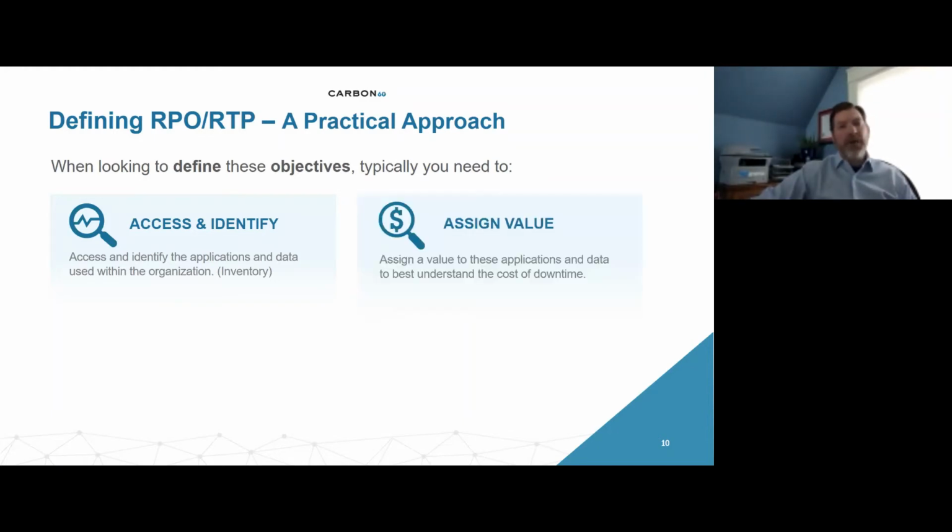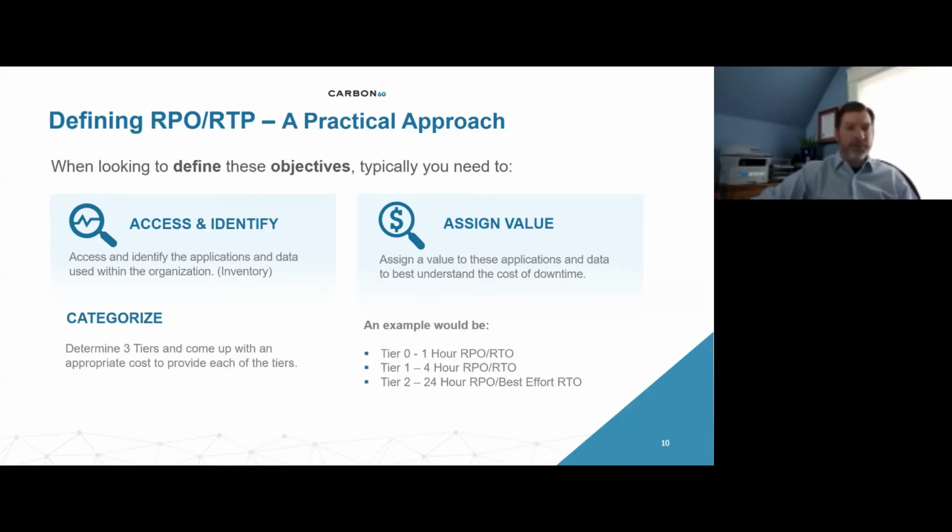The next part is you have to assign a value to them, and that value is there to define back to the original RPO and RTO question: how long can I be down and how much data can I lose.